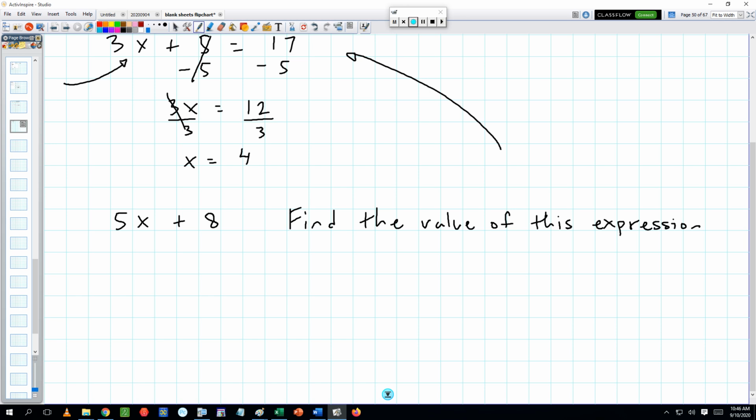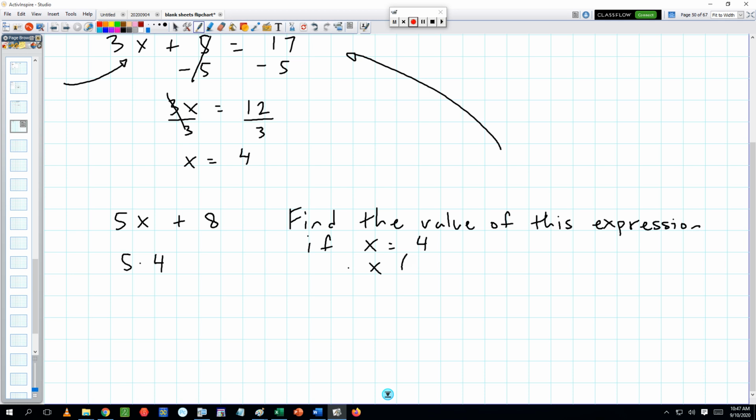Find the value of this expression if, and I'm going to tell you that I would like for you to say, x is equal to 4. So how I would find the value of this expression is I would go 5x. 5x means 5 times 4. Sometimes I'll use a dot for multiplication. Sometimes I'll use this. Because I'm using x's all the time, I usually don't use the old-fashioned multiplication sign.